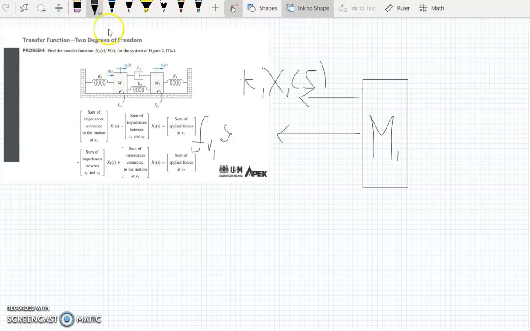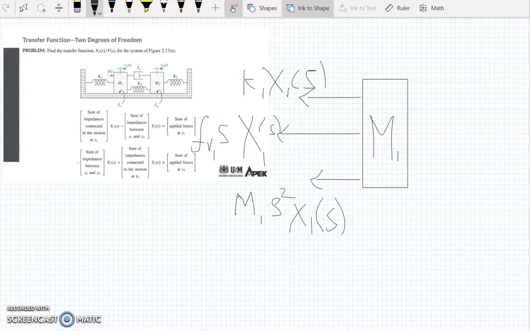Fv1 x1 s. And then the acceleration of m1, let's put it here, m1 s squared x1 s.